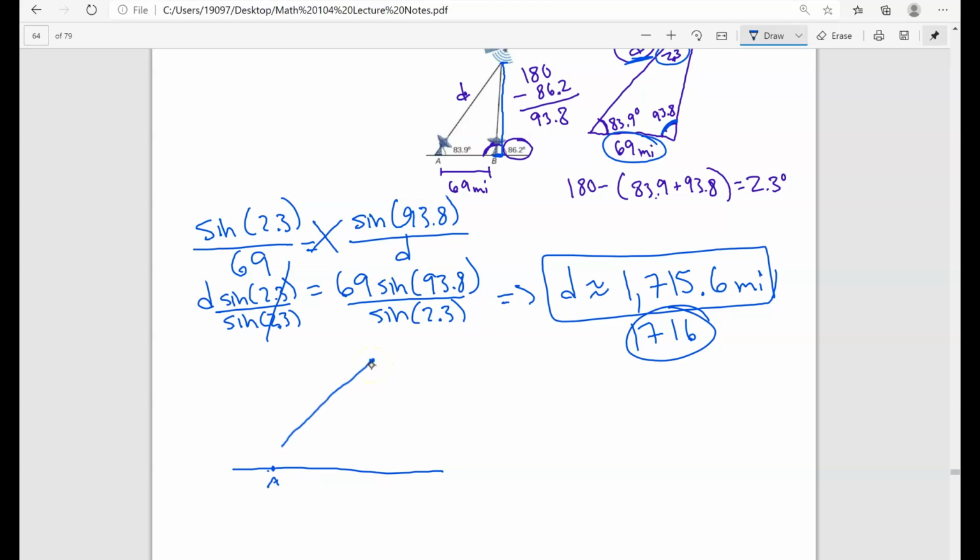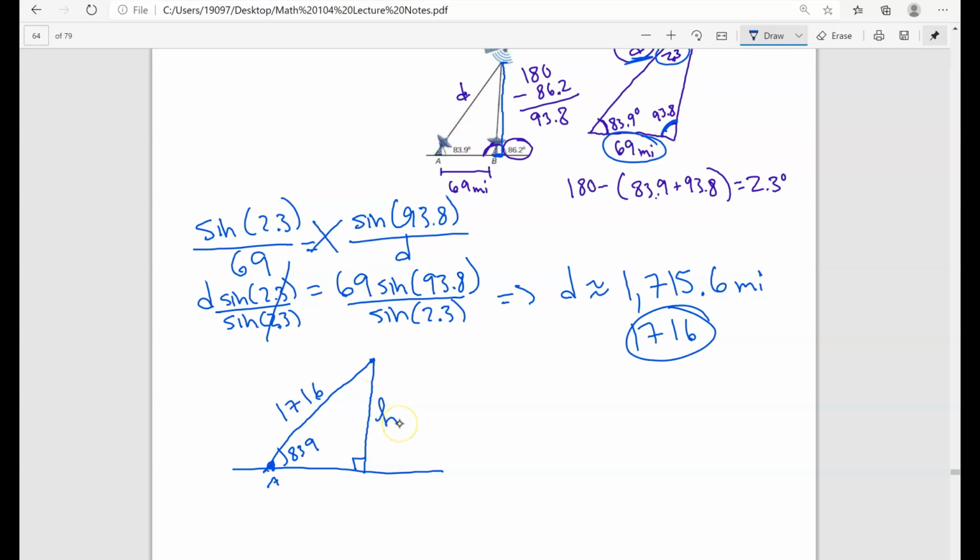We know the distance from here to station A, it's 1716. If I draw this directly down, that's going to form a 90-degree angle. And we already know the angle of elevation here, which is 83.9.